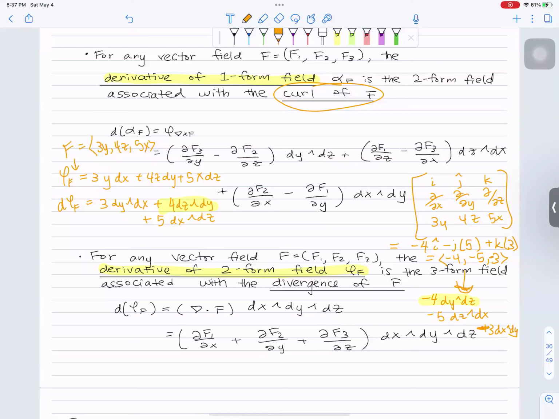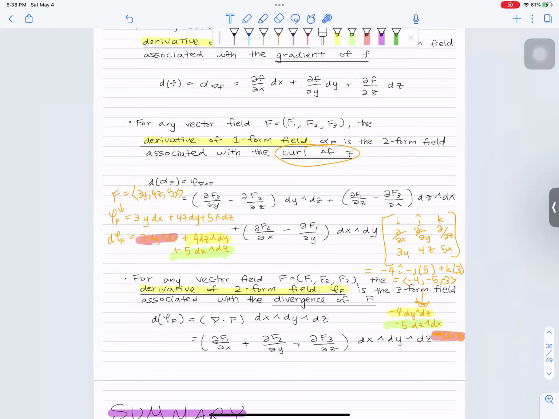So 4 dz dy is the same as negative 4 dy dz. This is the same as this. And this is the same as this. So see how we got the same answer. And it seems like right now this part seemed longer, but imagine you had way more complicated expressions in here. The curl would be much nicer to compute. Okay, questions on that?